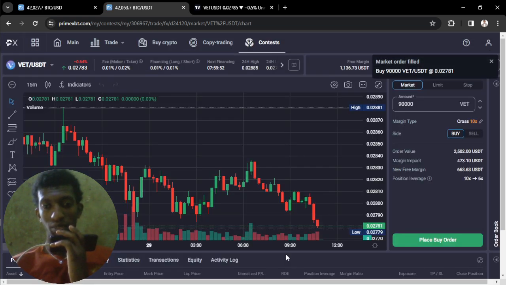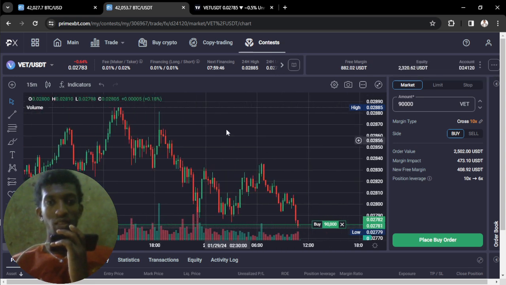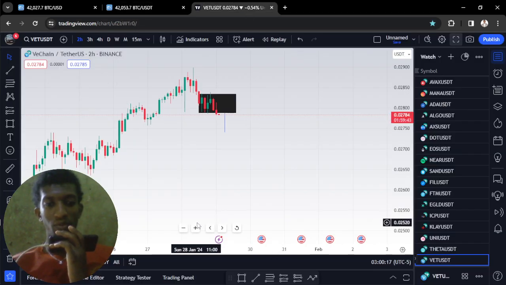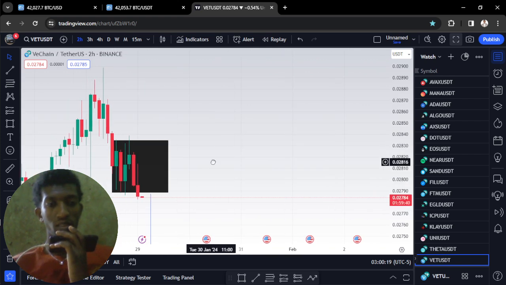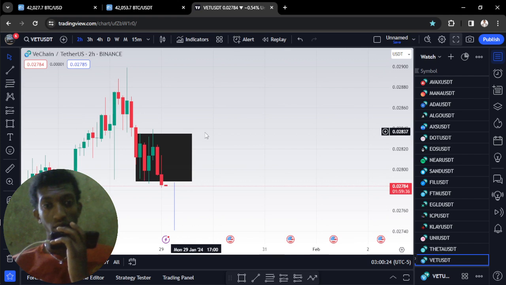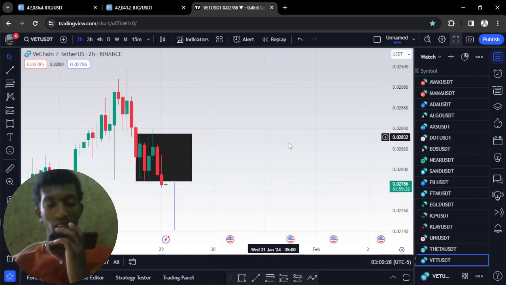Just let's place the order. I didn't place the TP and the stop loss because we can place it. If we want, we can place the stop loss and the TP. So the stop loss will be above this candle I told you.